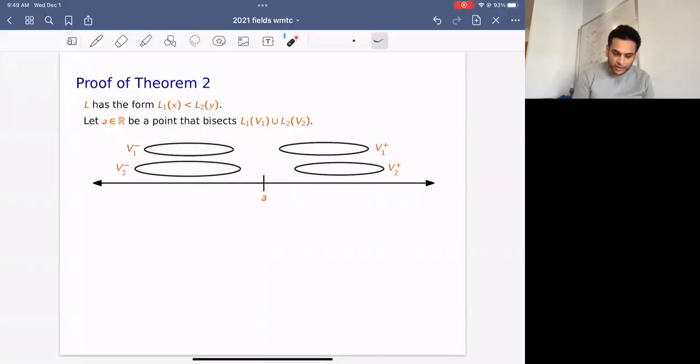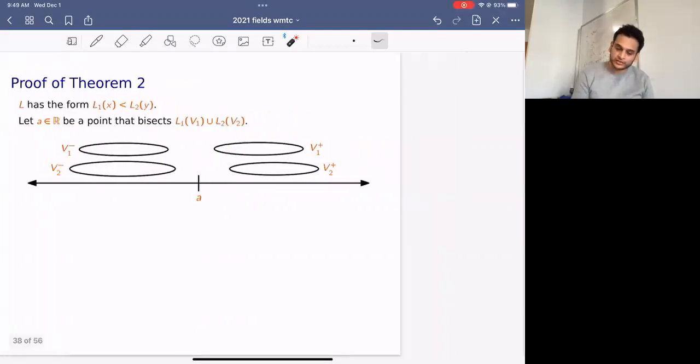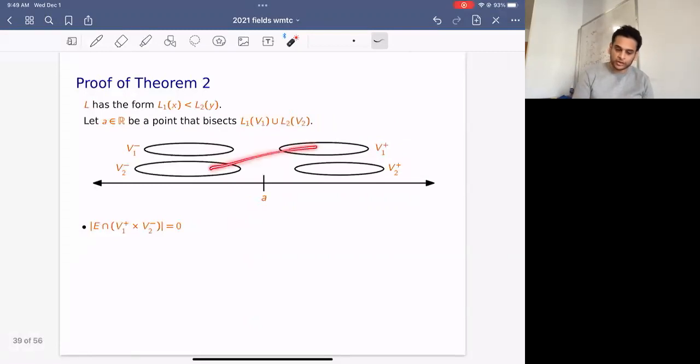Now, because my inequality looks like this, it's easy to see what should be happening. If I look at things that go across, so V1 plus and V2 minus, then I should have no edges, because they basically don't satisfy my inequality. If I have things that go here, then I should get the complete graph.